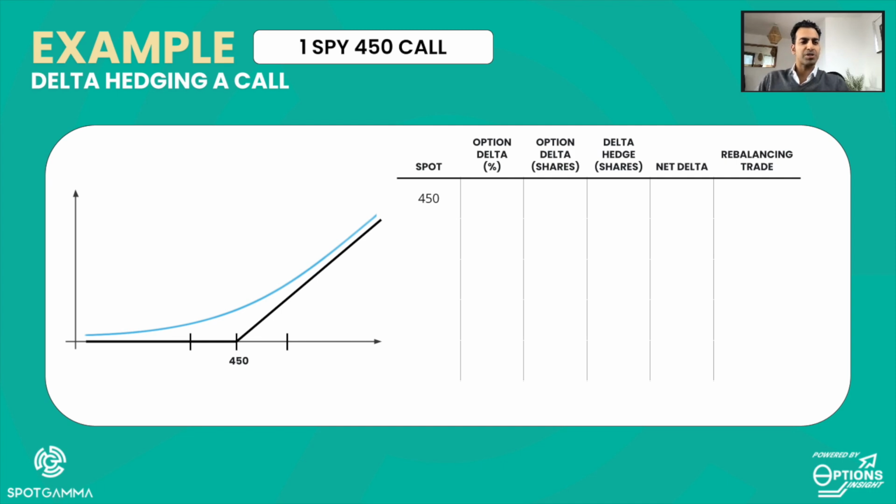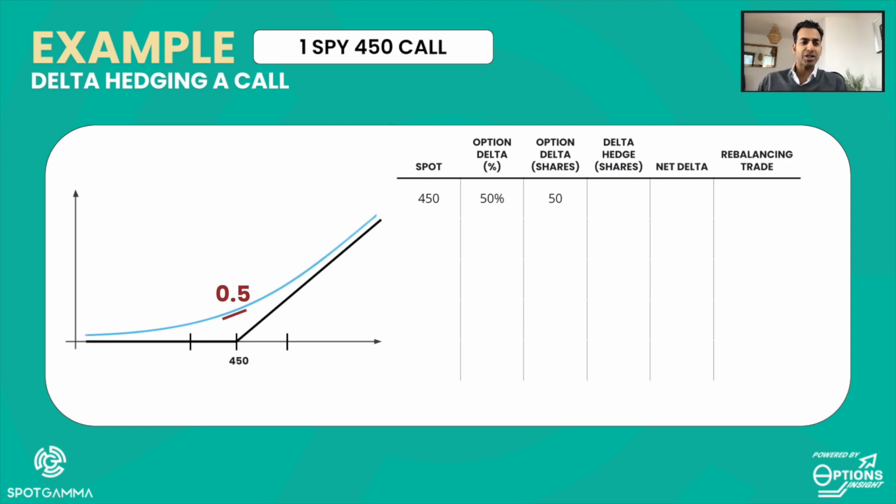So if we put our position into this table showing all the different metrics with the spot at 450, the option's delta at 50%, the option's delta in share terms would be 100, which is our multiplier, multiplied by the delta, so 50 shares equivalent.